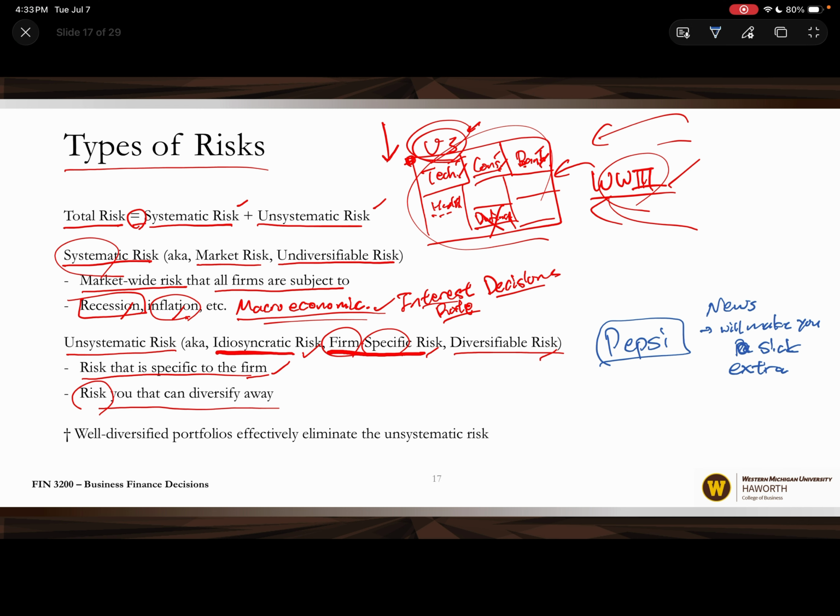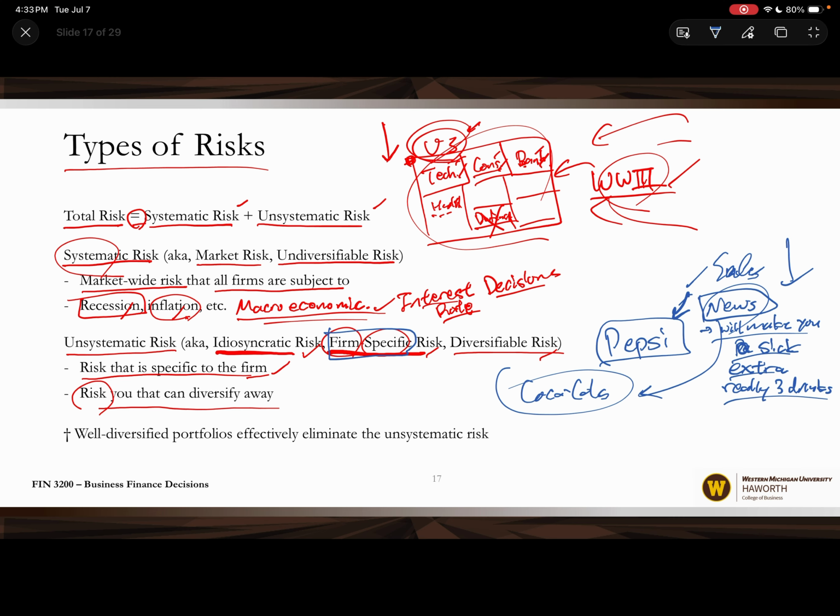Like you'll get really sick after 3 drinks. Then this news is firm specific, right? It only applies to Pepsi. Their products will be hit. Sales will go down, and accordingly the stock prices will drop, right? But this is very firm specific, and their competitors like Coca-Cola will be fine, assuming that this news doesn't apply to Coca-Cola. Something like that is a firm-specific risk.